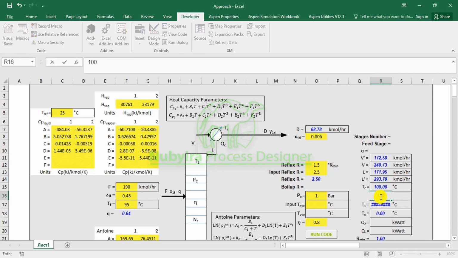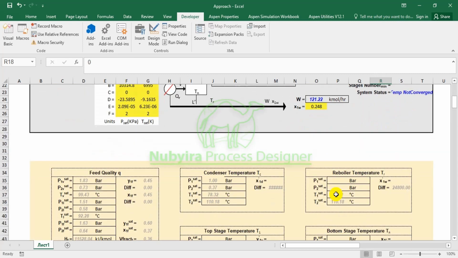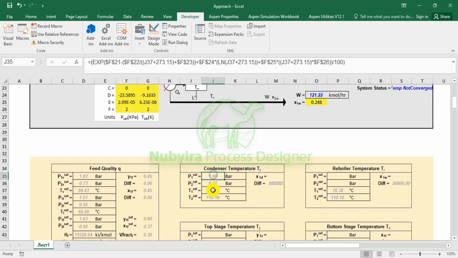And because I'm running Goal Seek, that's why the temperature is just changing. Okay, so now I'm going to run it, and I'm going to change this one to the temperature again.